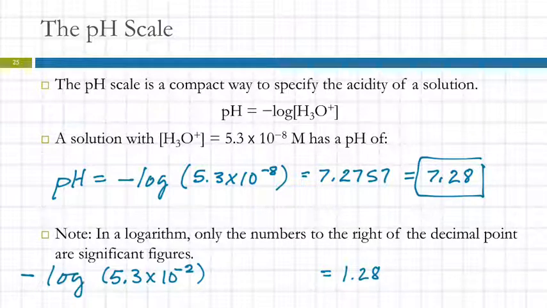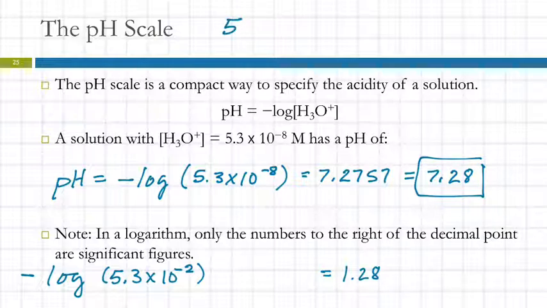Is it always going to be the 0.28? If this is 5.3, it'll always be 0.28. Okay, so it's like 5.5, it'll be just under 5. Yeah, so this 7 is 1 less than the 8. Yes. This 1 is 1 less than the negative 2. So that's how I was able to do it without actually pulling out the calculator.